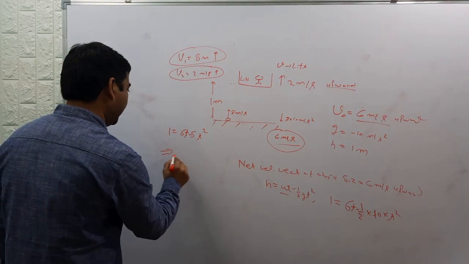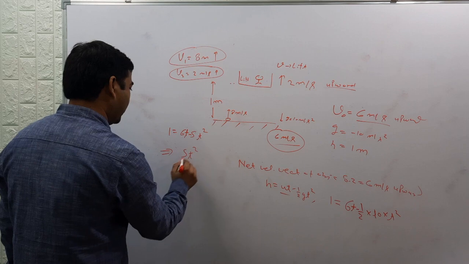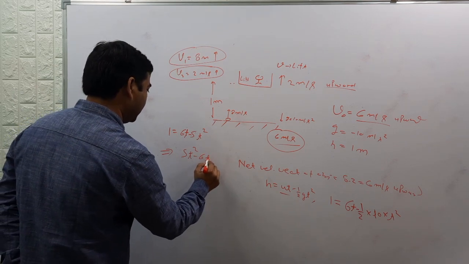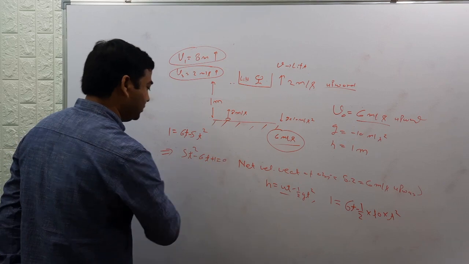So this can be written as 5t square minus 6t plus 1 is equal to 0.